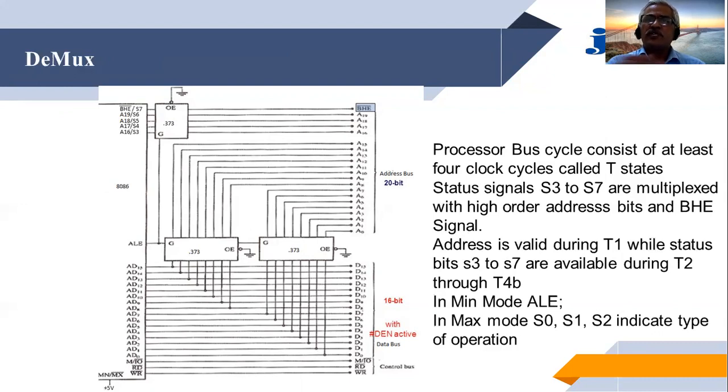But when it comes to the max mode, because we don't have direct read and write signals as in the case of the minimum mode, we would require S0, S1 and S2 to indicate the type of operation on the buses.